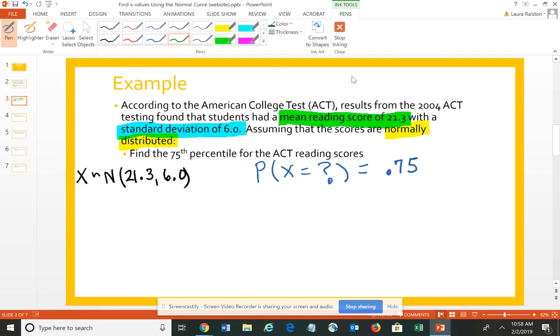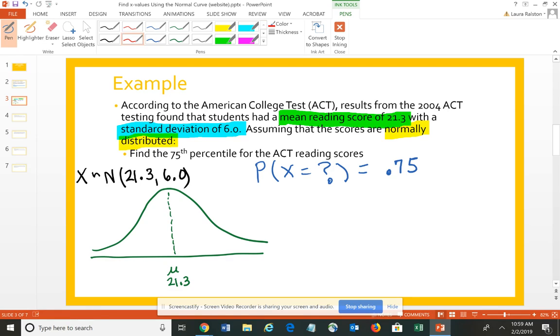So visually, here's what that means. You still have your horizontal number line. You still have your bell-shaped distribution. We know that our mean is 21.3. Now, the idea of the 75th percentile means that 75% of the ACT scores fall below the value we're looking for.